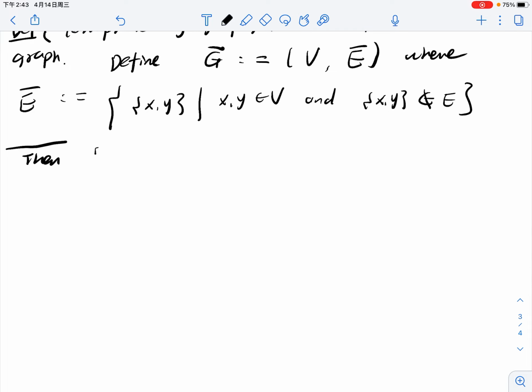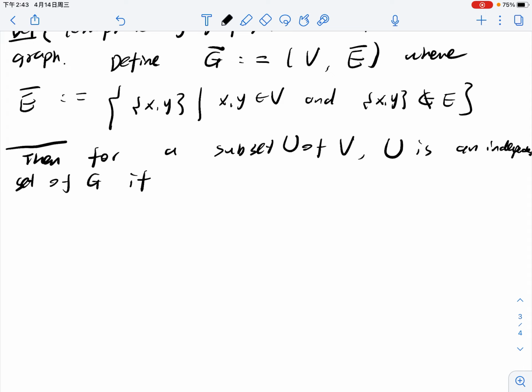Okay, then for a subset U of V, U is an independent set of G if and only if U is a clique of G bar.